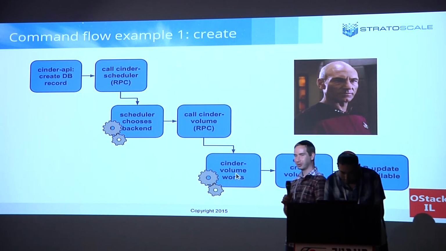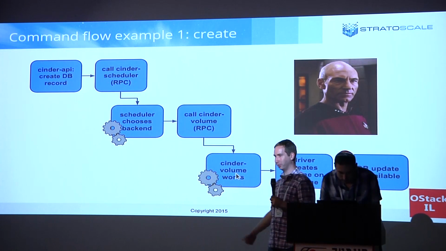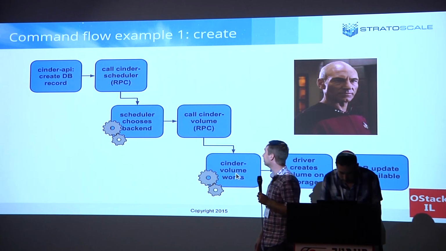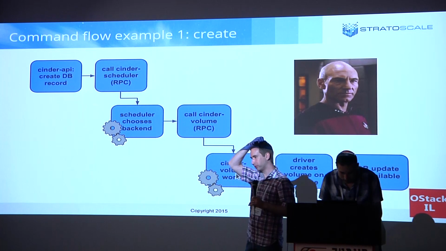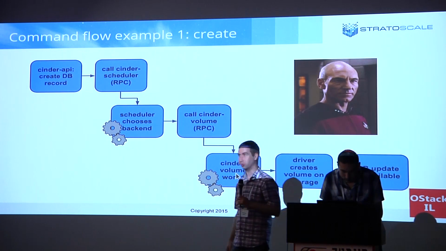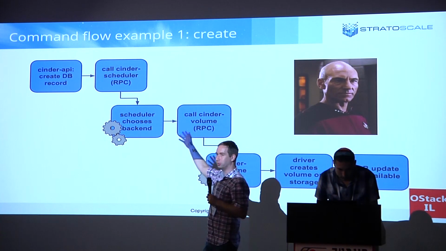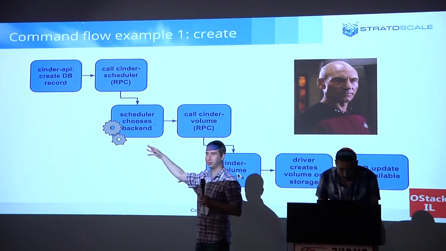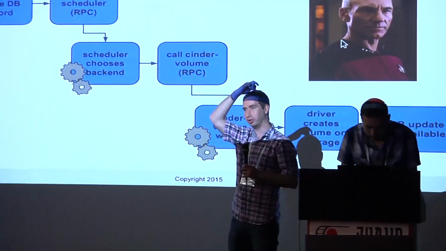Okay, so while Shimshon is setting up the demo, we're going to have Captain Picard here, our sysadmin. We're going to look at some example command flows in Cinder and how they work and what goes wrong. So you want to create a volume, so you go to Cinder API. Cinder API, the first thing it'll do, it creates a record in the database.